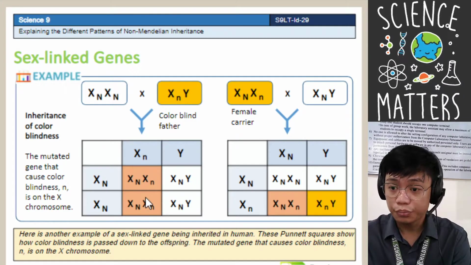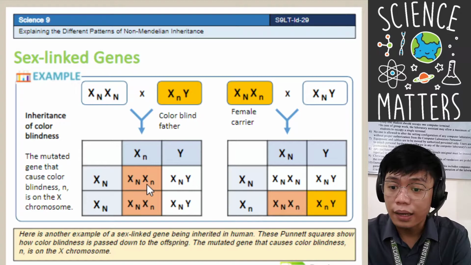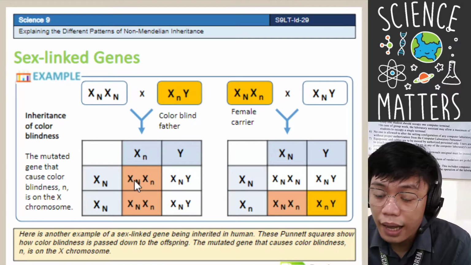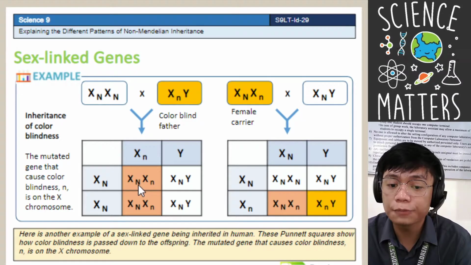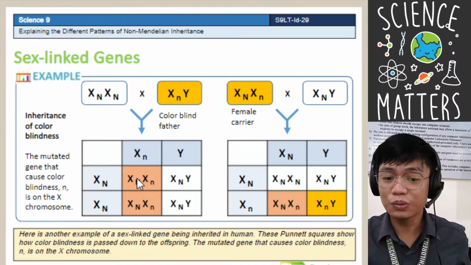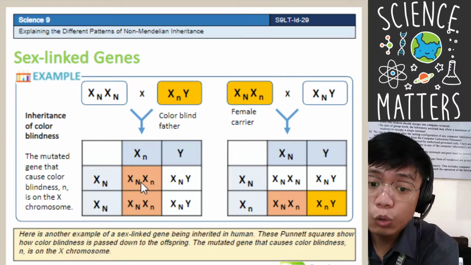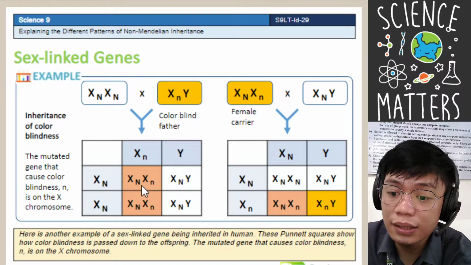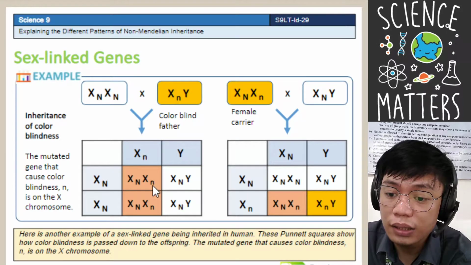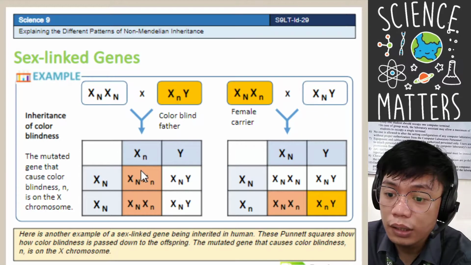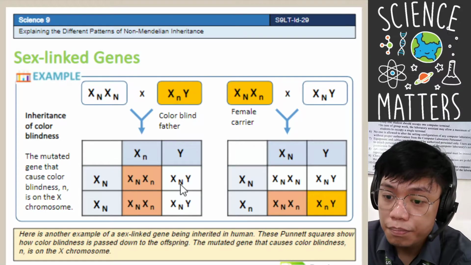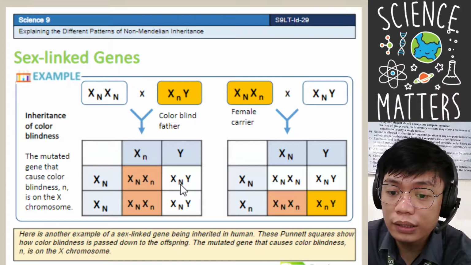Okay? So, halimbawa, itong X and n, X sub n, female with a dominant gene and a recessive gene will bind to this male na dominant or normal yung kanyang eye.